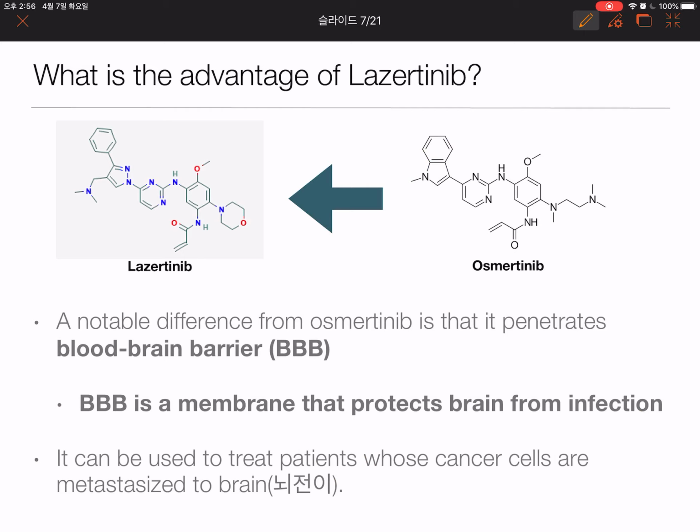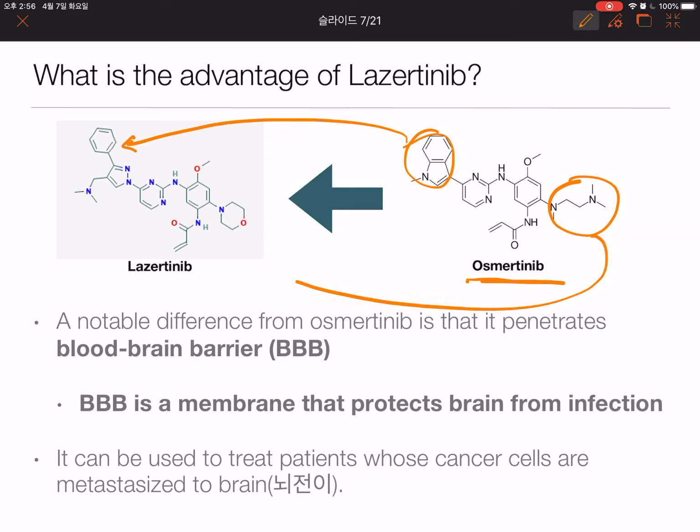And what the people in Wuhan did was change it a little bit, starting from osimertinib. They changed this group, and if you compare these two structures, you can see that this group is a little bit changed, and this group is also a little bit changed, right? By changing these two, they made it penetrate the barrier called the blood-brain barrier.